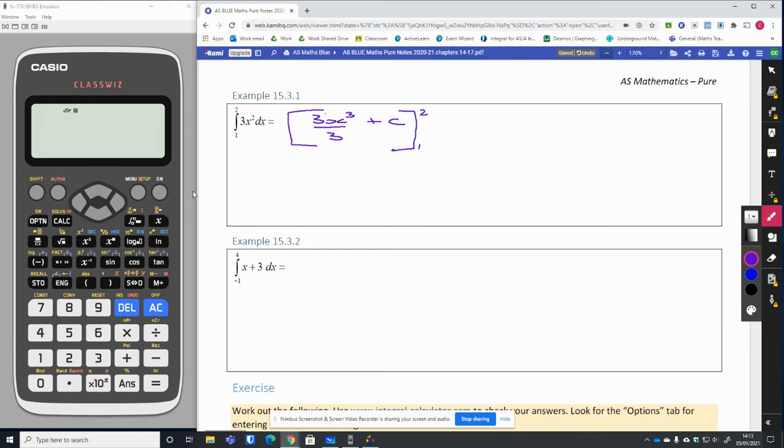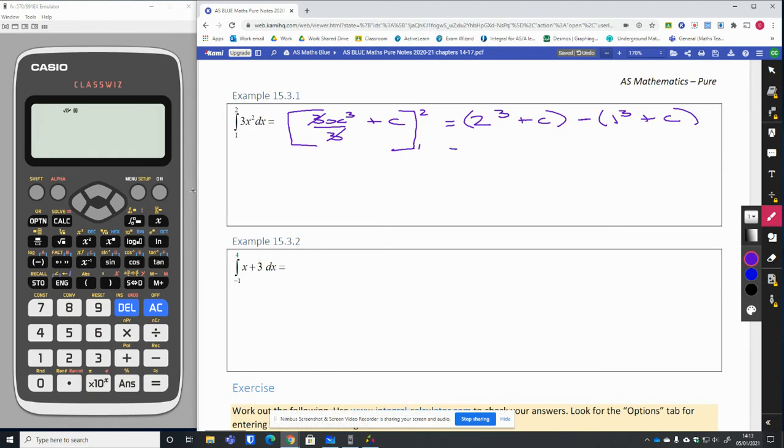Obviously those threes can cancel. We substitute in the upper limit, so we get 2 cubed. And then I substitute in the lower limit. I'm just going to leave it as 1 cubed for now. And then we subtract. So we're doing that limit, take away that limit in the expression.